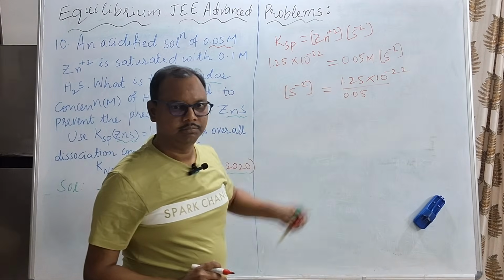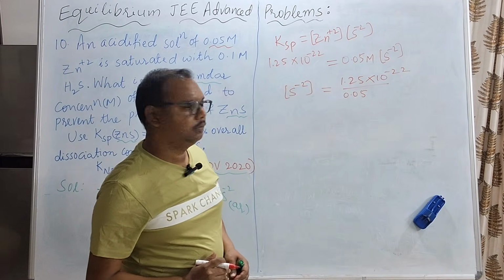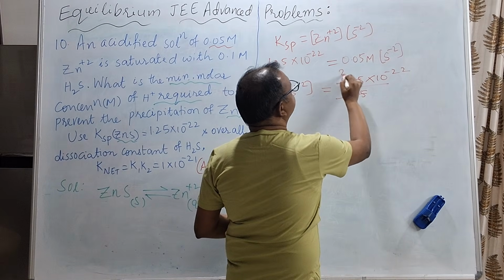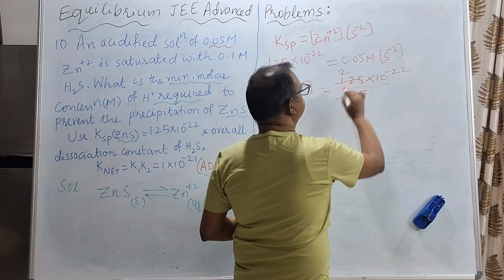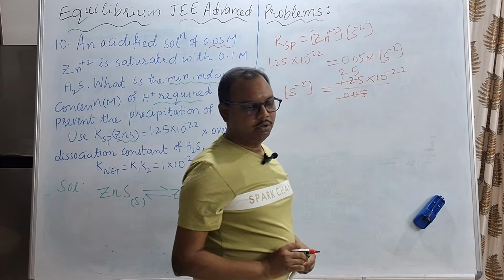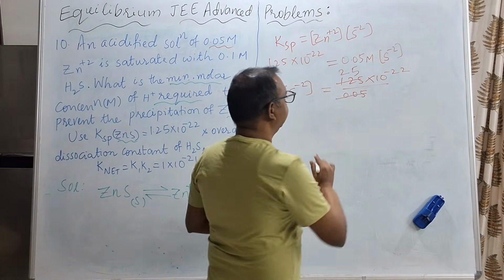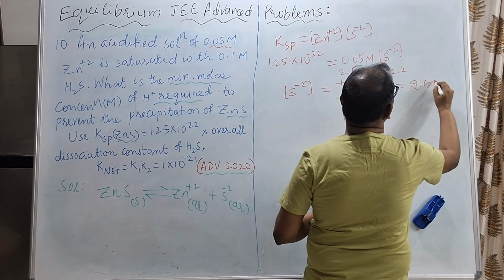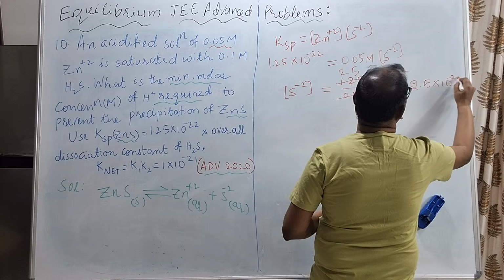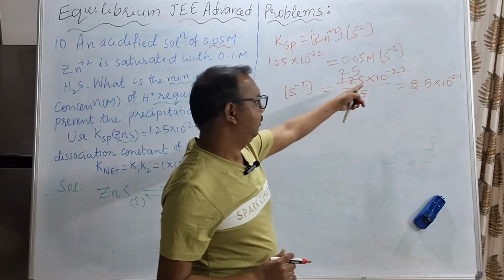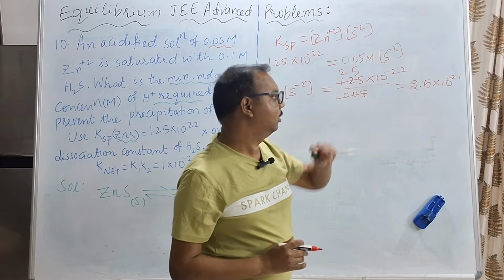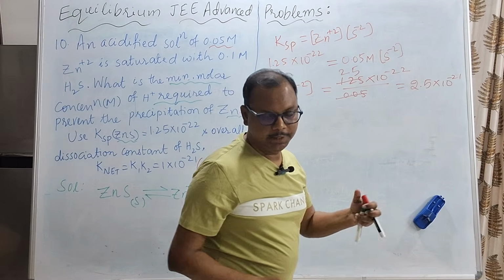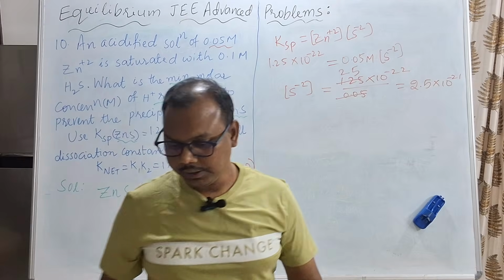What does it become? 5 2s are 10, because the decimals cancel out, 5 5s are 25, 25 5s are 125. So 25 into 10 power minus 22 becomes 2.5 into 10 power minus 21.